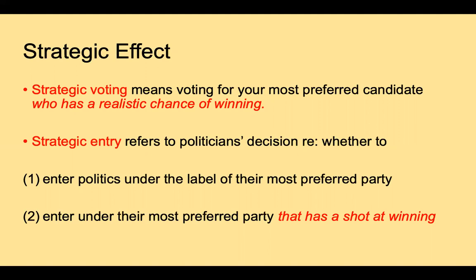Some systems have many more parties, and some systems have few parties. And some of the most important research in political science and comparative politics has been done on the number of parties in the party system and why some countries have many parties and why some countries have so few parties.